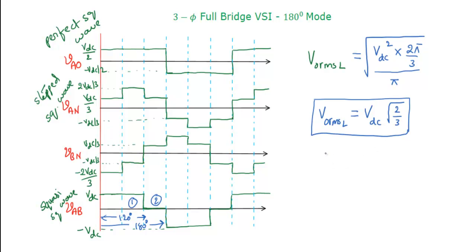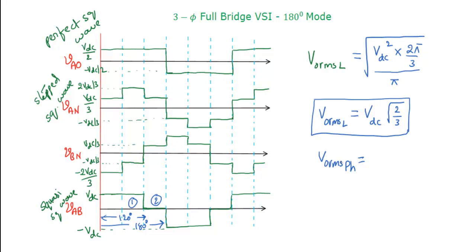Okay, likewise, sometimes we need a phase voltage only, because phase voltage will give the power and then current, etc. So in that case you can go for phase voltage. So what is the phase voltage RMS value? What combination of the load have we discussed so far? It is a star connection.